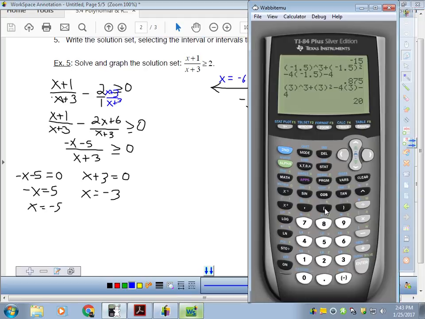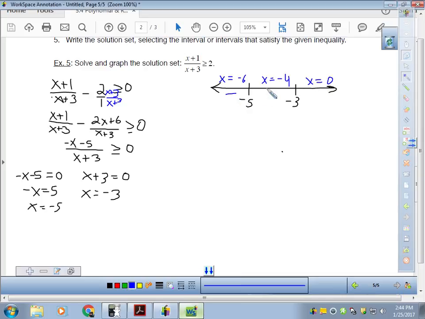So on the top I have negative 6 minus 5, close the parentheses for the top, divided by, parentheses for the bottom, negative 6 plus 3, close the parentheses for the bottom. And I end up getting a negative number.